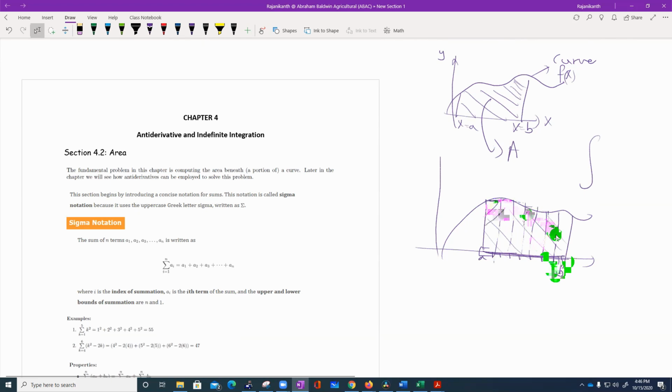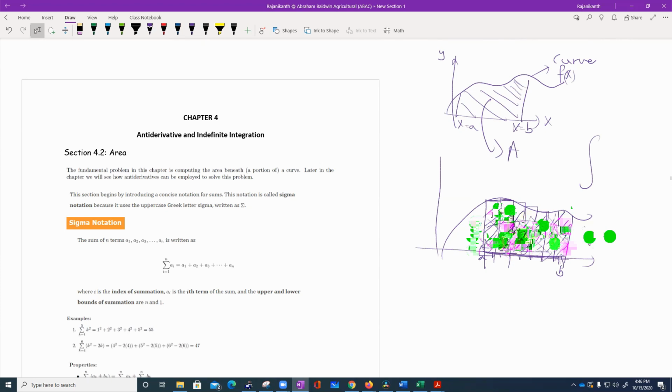So we approximate the area by looking at the rectangles' area. Basically we divide the entire region into sub-rectangles, and you find the area one by one, then adding up all the areas will give you an approximate answer of the area. Not exactly, it will give you some approximation.